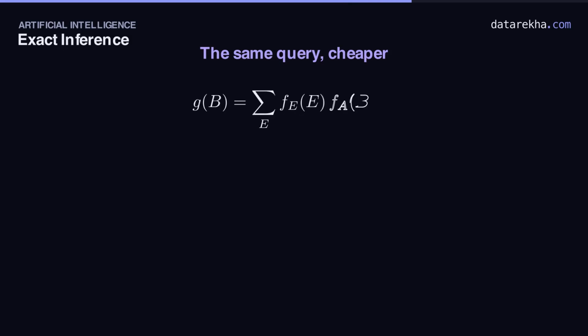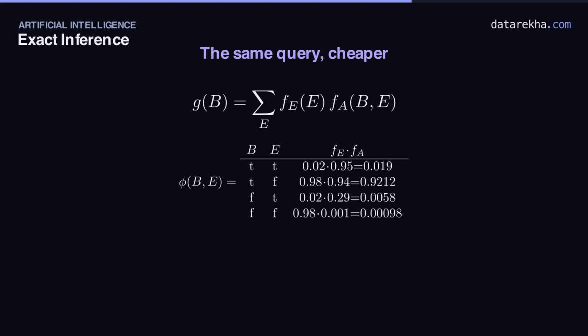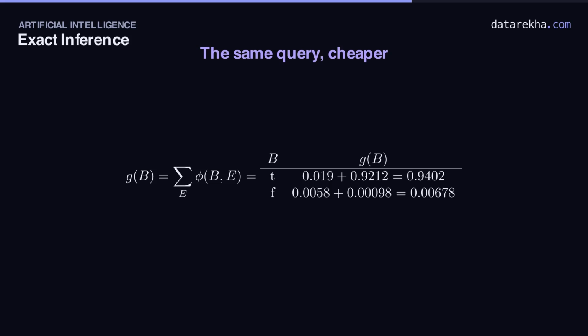Let's redo that same burglary query by variable elimination and watch it land on the identical answer with less work. We eliminate the one hidden variable, the earthquake. First, multiply the two factors mentioning it, the earthquake prior and the alarm factor. Now sum out the earthquake, add its two rows for each value of B. That collapses the 4-row table into a 2-row factor over B alone.